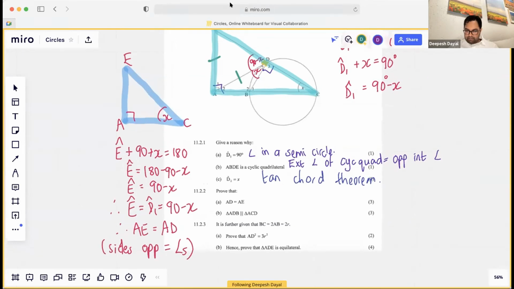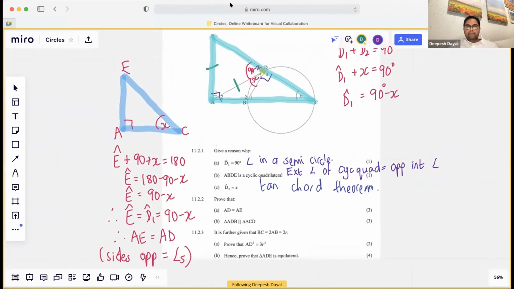How is that, everybody? So we find D1, we find E, and we show that they are equal to each other. Right?